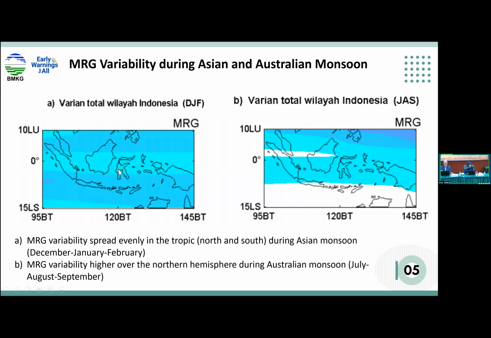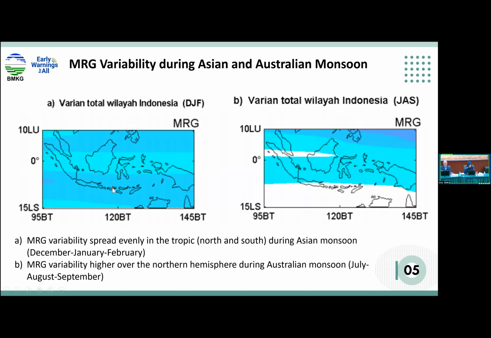So the left panel is for the variation of MRG during December, January, and February, or during the boreal winter, and the right panel is the MRG variability during the Australian monsoon, or during the boreal summer.